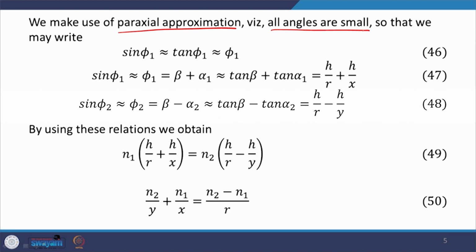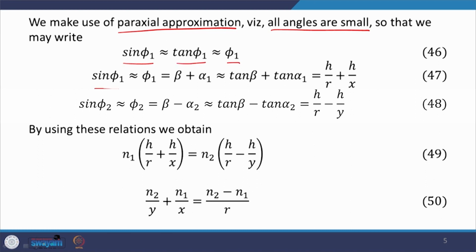Under this approximation, phi 1 would be very small, alpha 1 would be very small, alpha 2 would be very small, and therefore we can safely write that sin phi 1 is almost equal to tan phi 1, which is almost equal to phi 1.